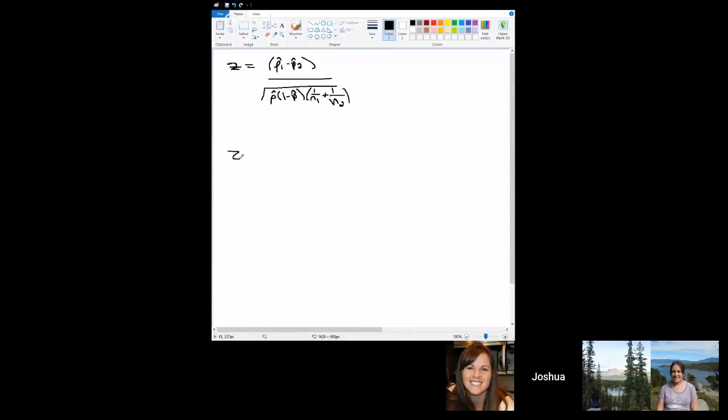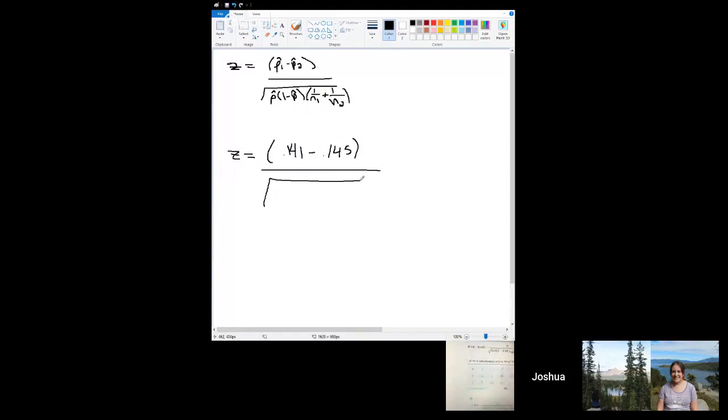Should look something like the z-score is going to equal parentheses 0.141 minus 0.145 all over the square root of, this is where it's going to get really crazy.